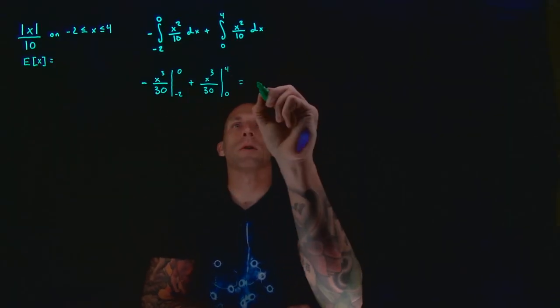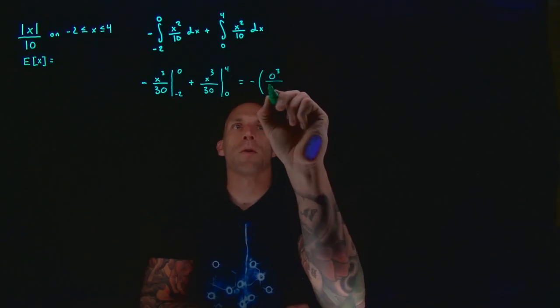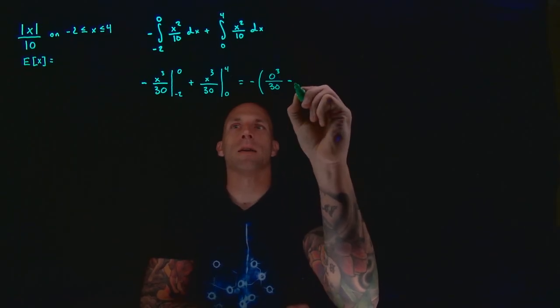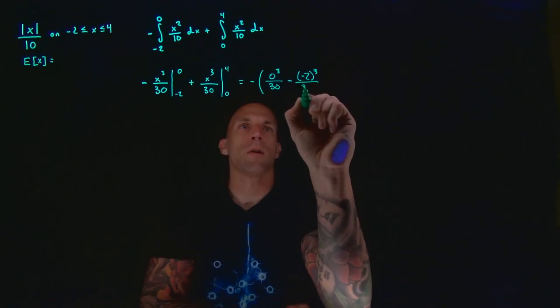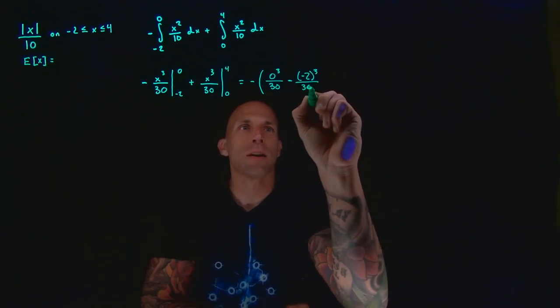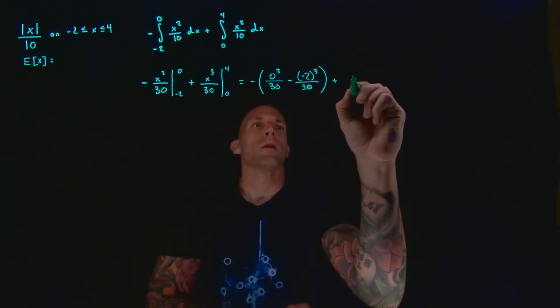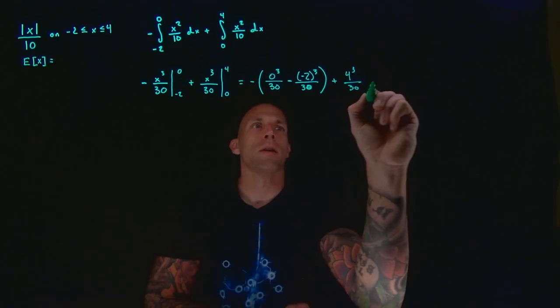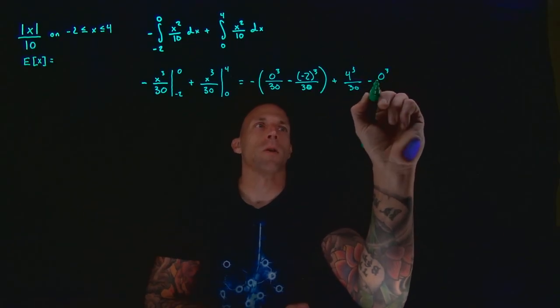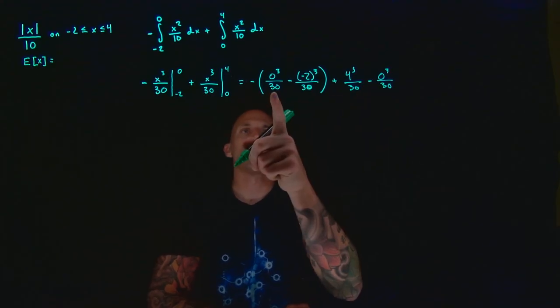So input 0, we have negative 0 to the third over 30 minus -2 to the third over 30. And we'll come back to that expression in just a moment. Plus 4 to the third over 30 minus 0 to the third over 30. So obviously this term and this term don't matter. They're just going to drop away and become zeros.